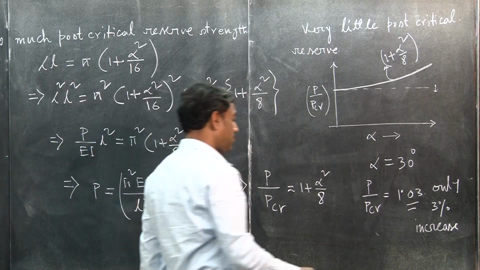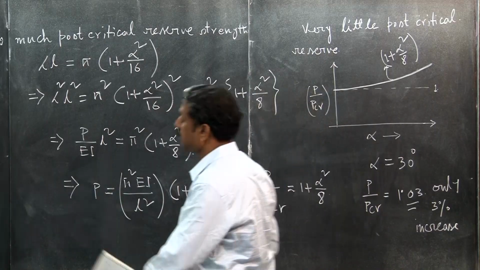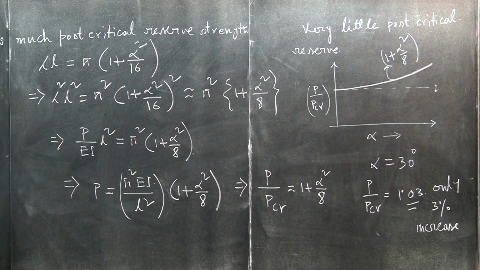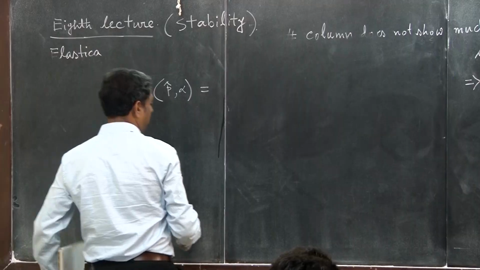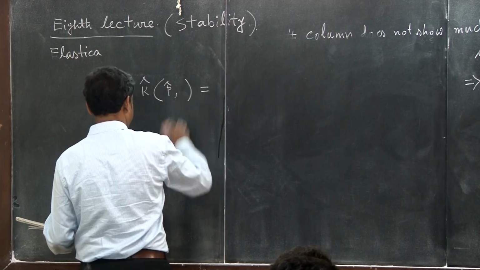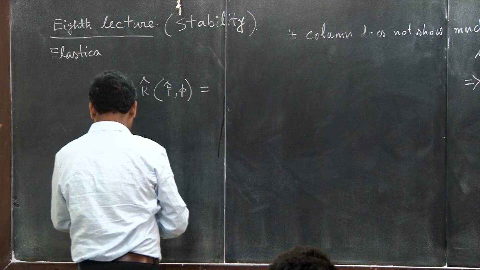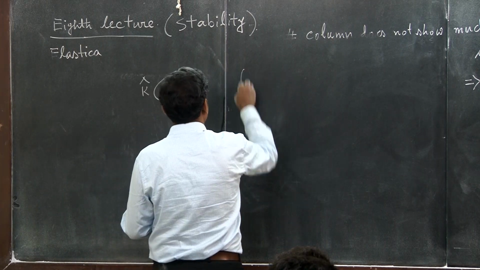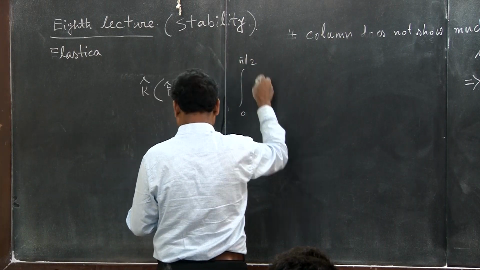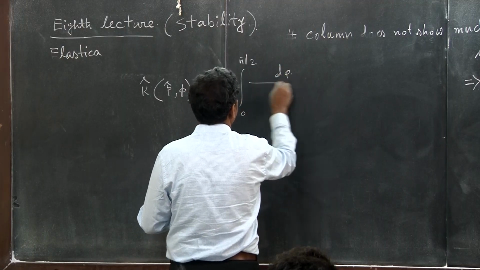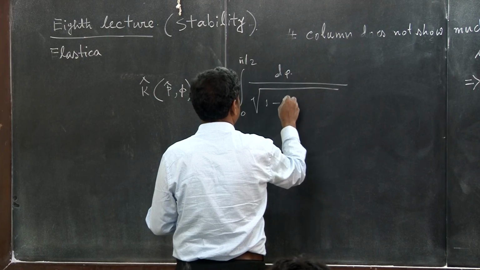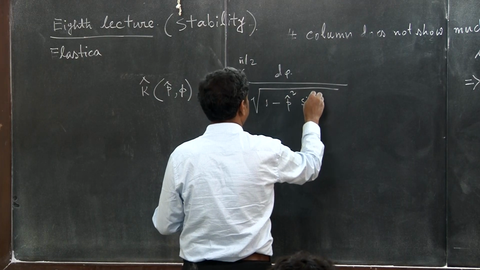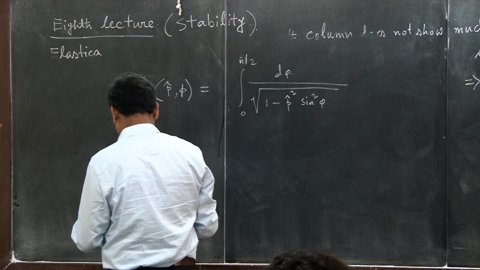Two more things I am going to show you. One is that we have seen K cap, P cap, alpha: K(P cap) is the integral from 0 to pi by 2 of d phi over the square root of 1 minus P cap square sin square phi, the elliptical integral of first kind.